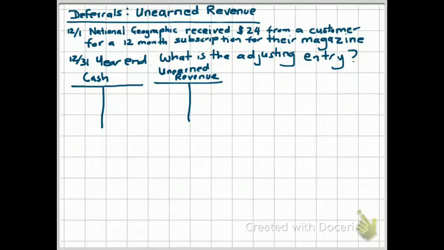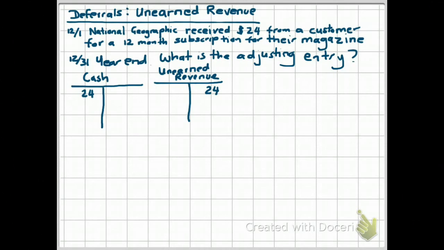Remember, this unearned revenue is a liability account. So your journal entry, or your two accounts, what's going to get debited and credited: cash is debited because cash increased by $24, and unearned revenue gets credited to the unearned revenue account.